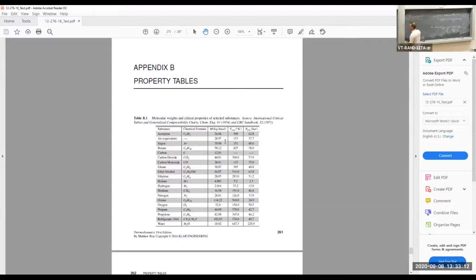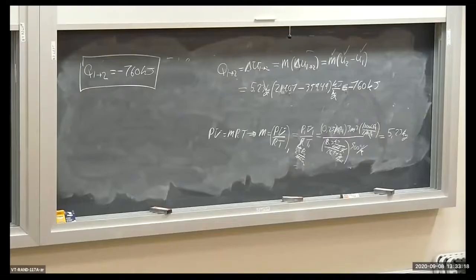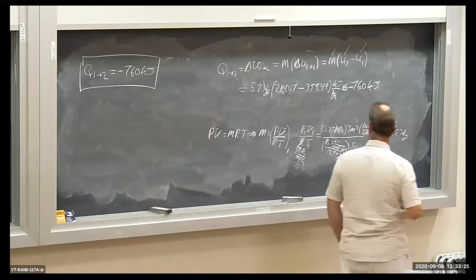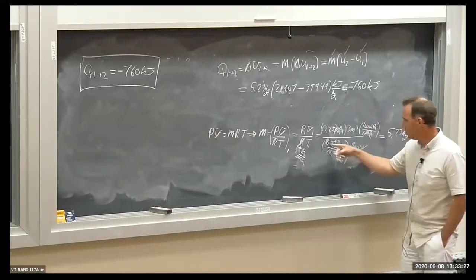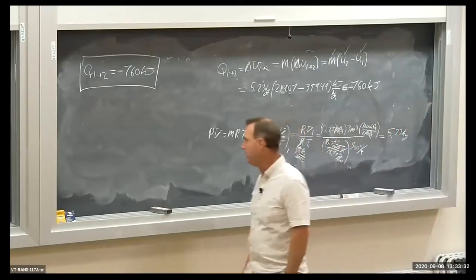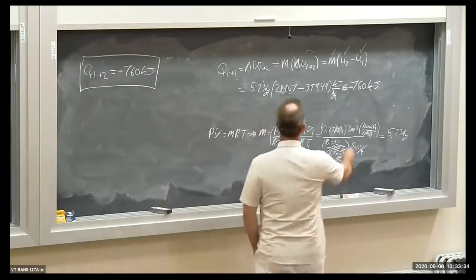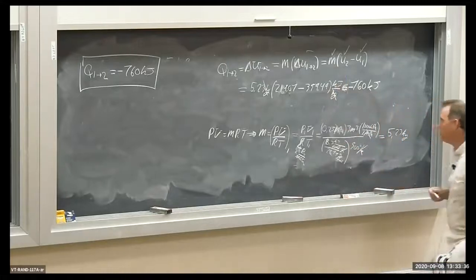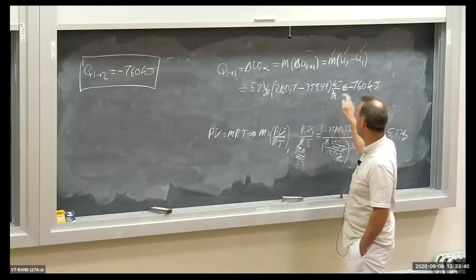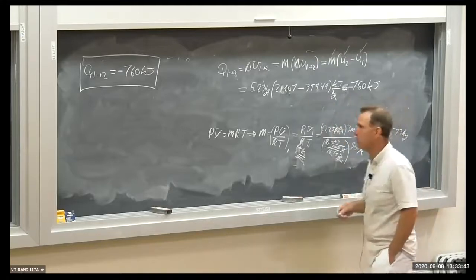What does the negative sign mean? It means heat is being transferred out. Molecular weight, universal gas constant, did the unit cancellation, 5.23 kilograms. I got the mass now. I plugged in my internal energies that we just looked up, and I get negative 760 kilojoules.